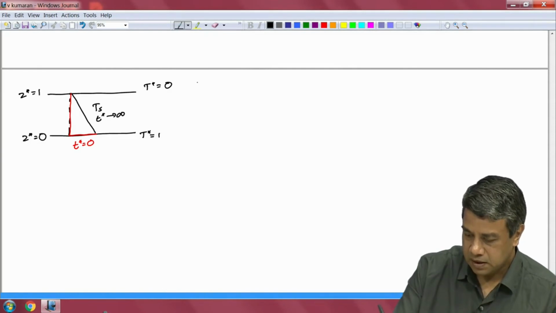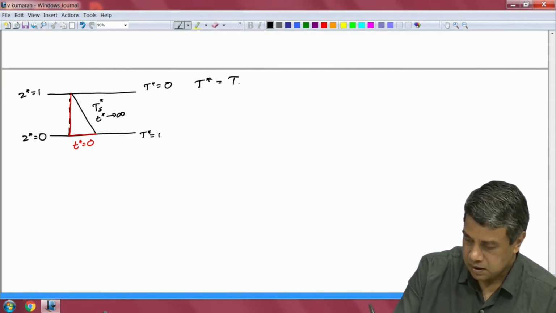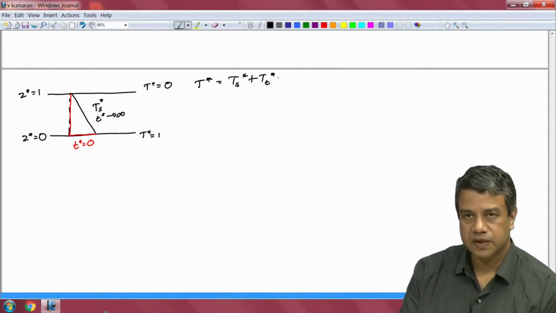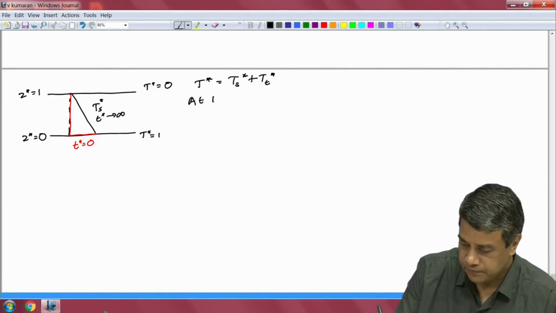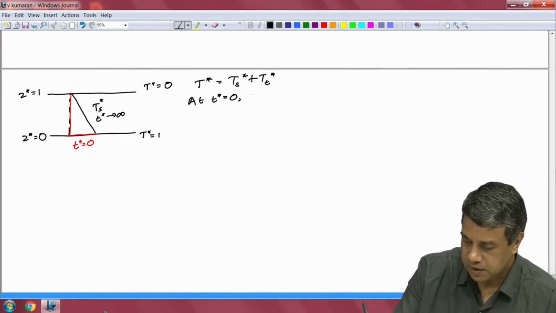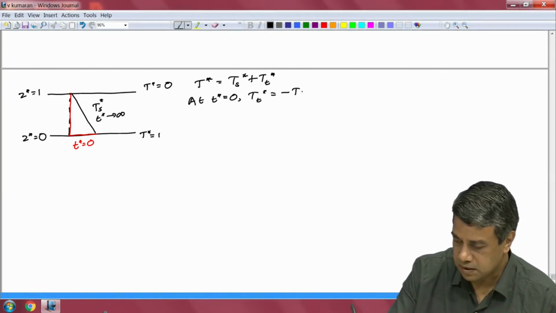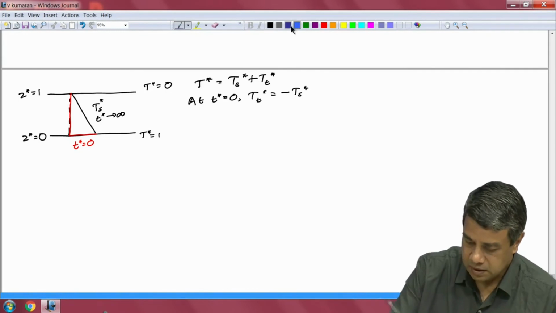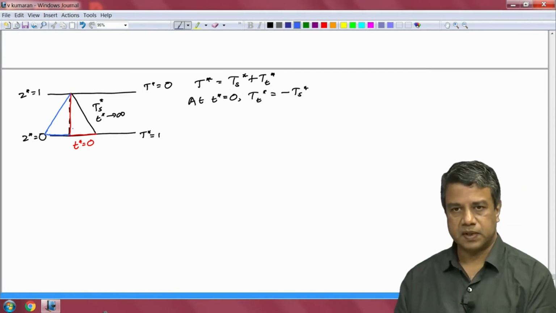I had expressed the temperature as Ts plus Tt. Therefore, at t is equal to 0, the transient temperature was equal to minus the steady temperature. That means that the transient temperature looks something like this. So, it is the negative of the steady temperature.